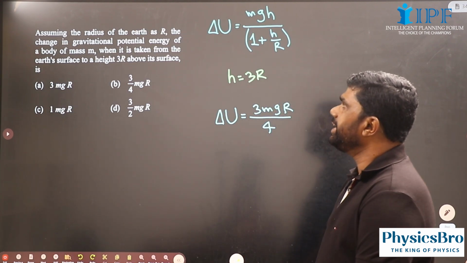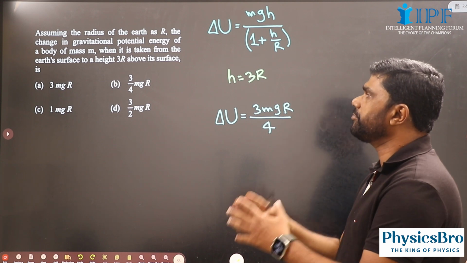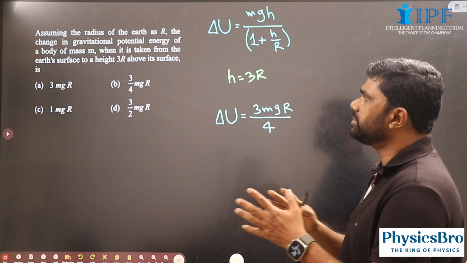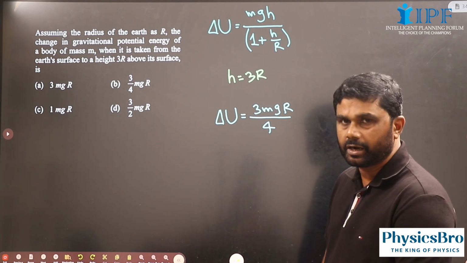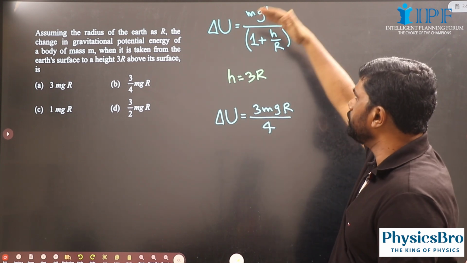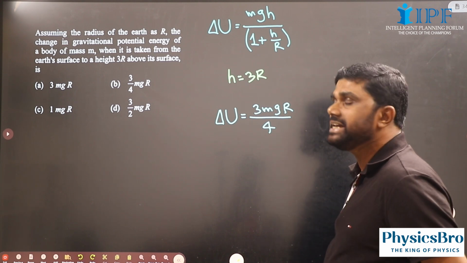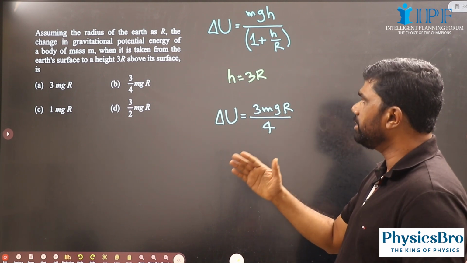Assuming the radius of Earth as r, what is the change in gravitational potential energy of a body of mass m when it is taken from Earth's surface to a height equal to 3r above the surface? This formula we already have: delta U equals mgh divided by 1 plus h by r, and h is given as 3r, so h by r will be 3.